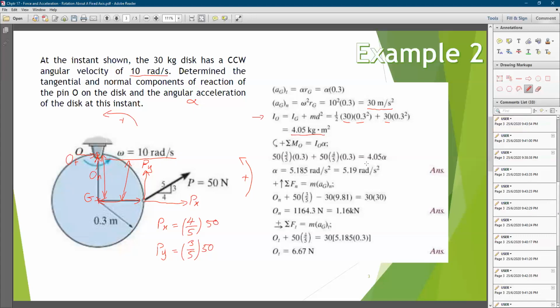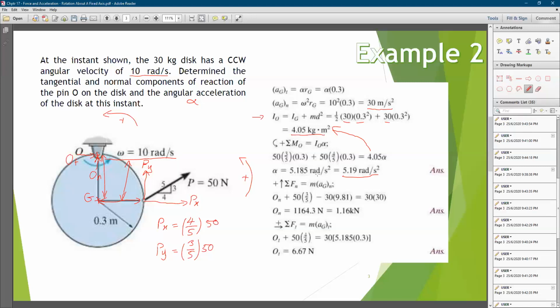Then the sum is equal to I_O times alpha. I_O we already calculated, 4.05 kg meter squared. Then we can solve this equation to get the angular acceleration of the disc at this instant, which is 5.19 radian per second squared.